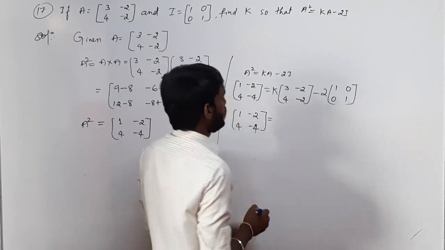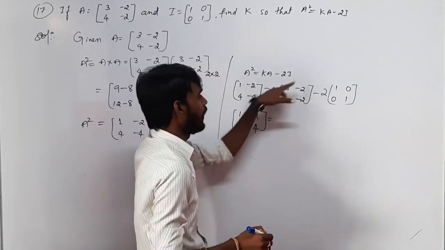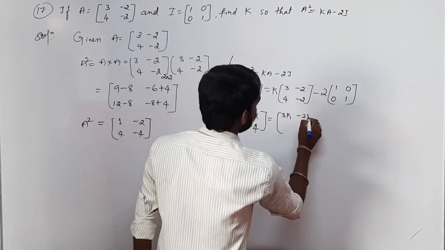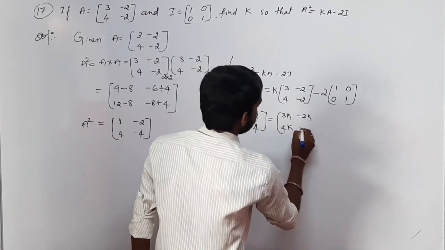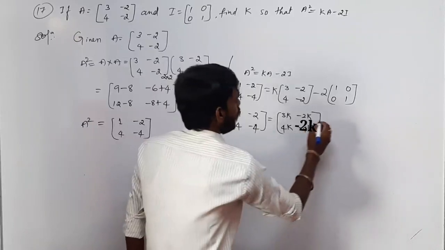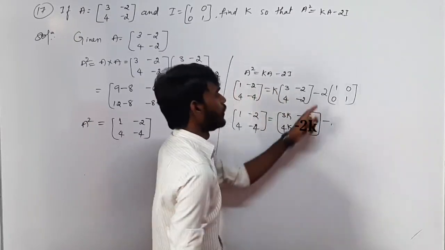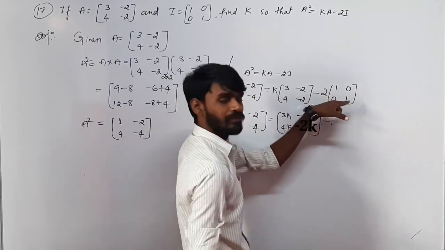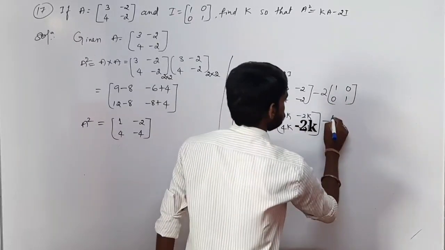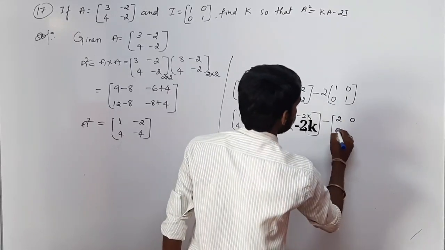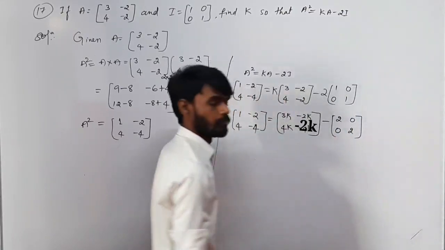Now, students, we can multiply k with all the elements of the matrix: 3k, minus 2k, 4k, minus 2k. Now 2 into the identity matrix: 2 into 1 is 2, 2 into 0 is 0, 2 into 1 is 2.